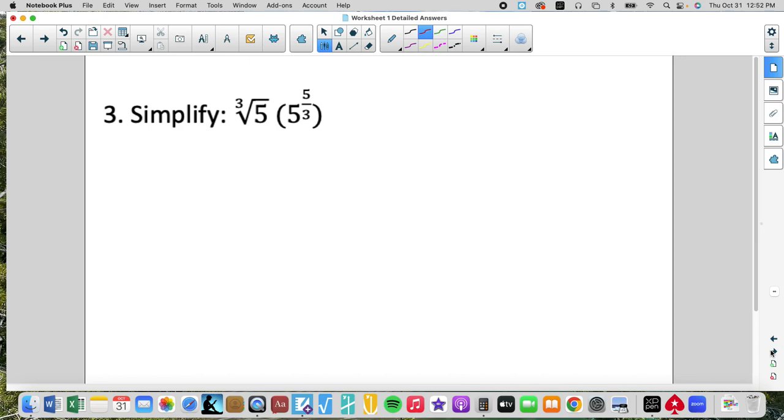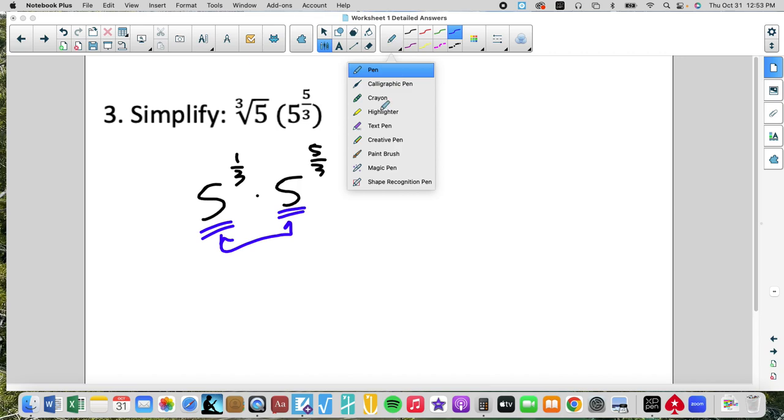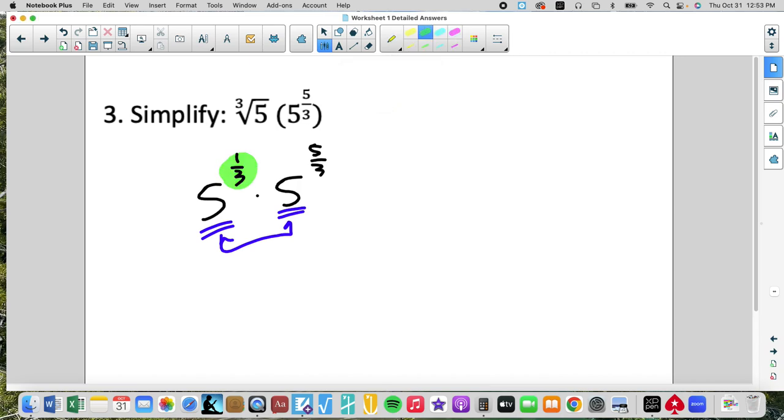Number 3, simplify. All right, I'm going to convert this radical to exponent. And when we multiply like bases, we are going to add their exponents.